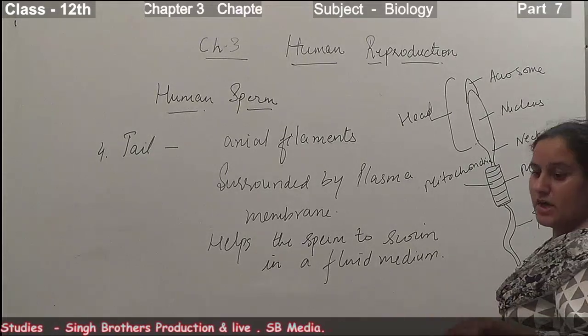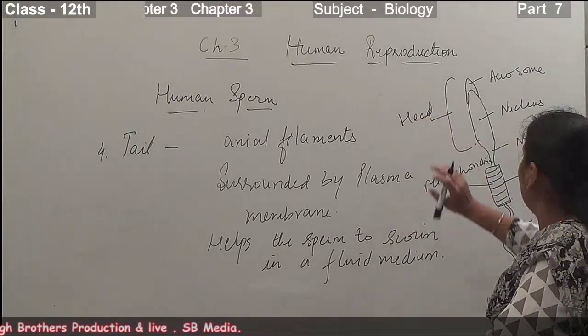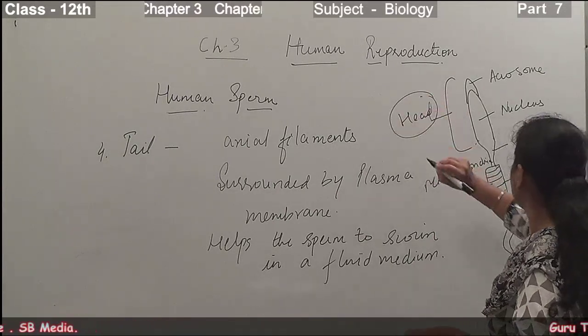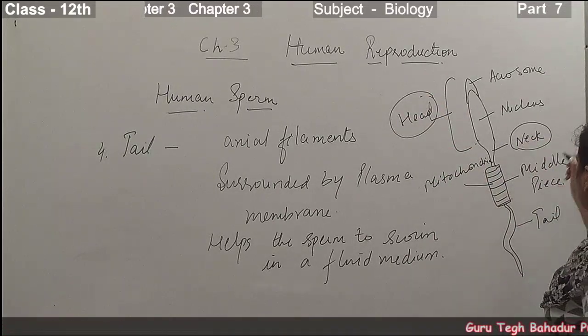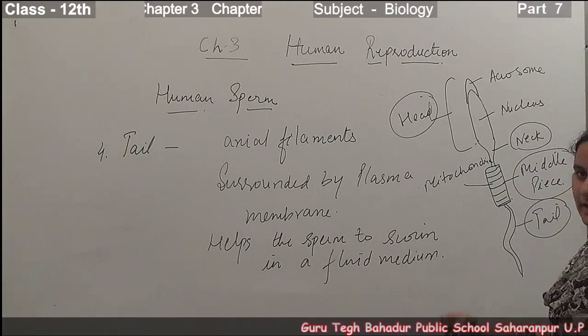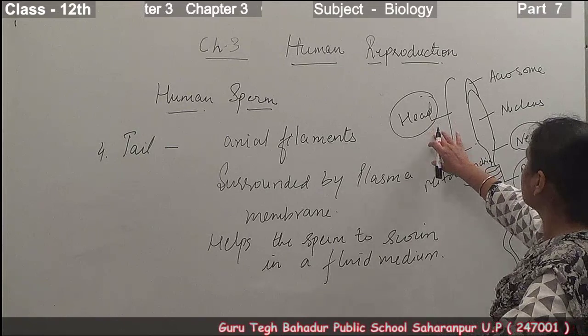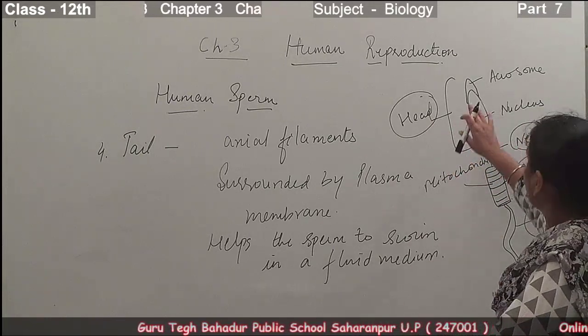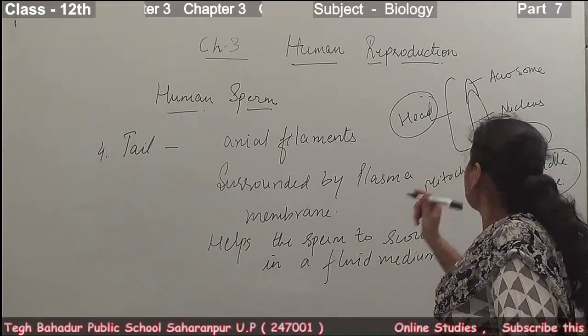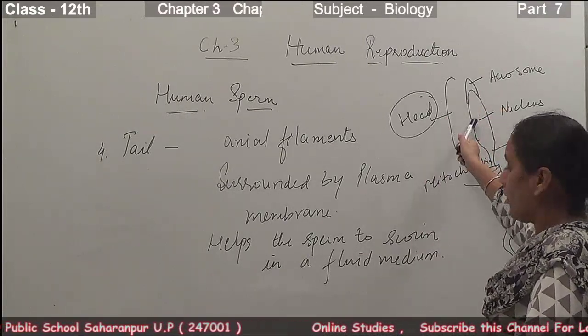So this is the structure of the human sperm. It consists of four parts: first the head, second the neck, third the middle piece, and fourth the tail. The head consists of the acrosome and the haploid nucleus. The acrosome is this and this is the haploid nucleus.